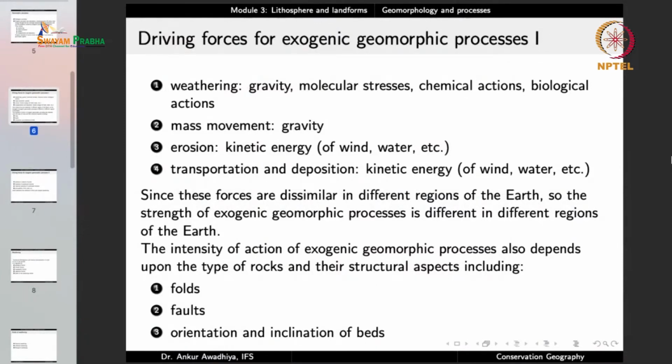Chemical actions. So, it is possible that in the case of this rock, there is a certain portion that has, say, calcium carbonate. Now, calcium carbonate can react with the carbonic acid that is present in the rainfall and it will then get dissolved.